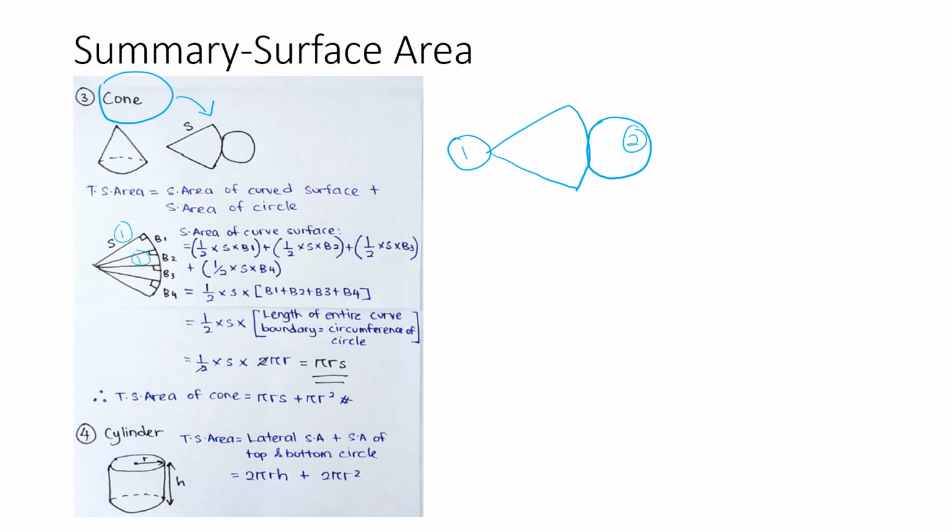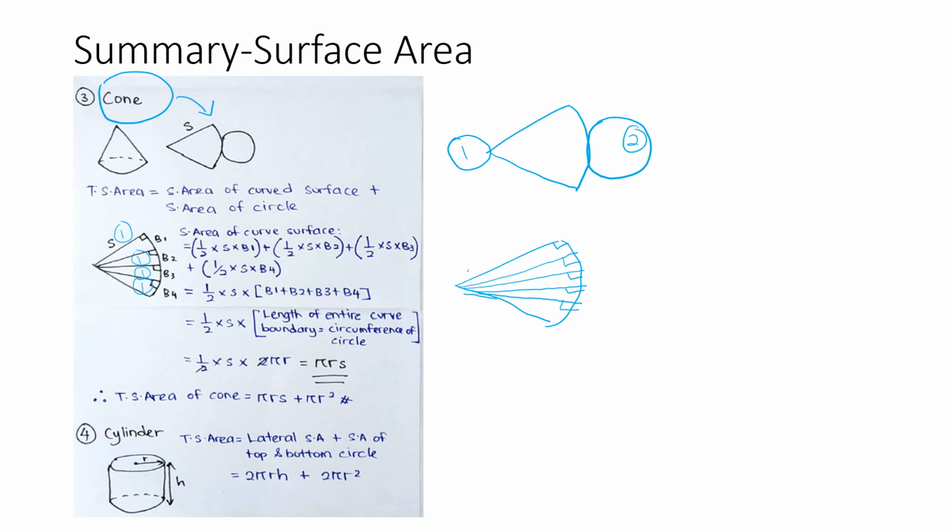This one is the second one, this one is the third one, this one the fourth one. So let's assume our curved surface of the cone can be separated into four right angle triangles. It can be more also. It can be five also. Okay, I'll give an example for the five.